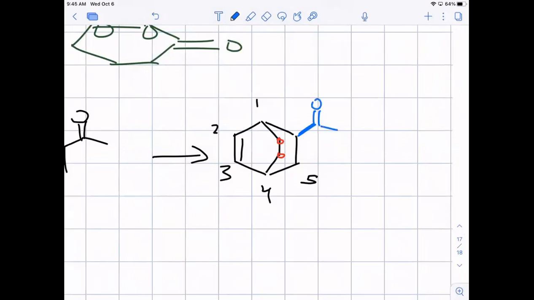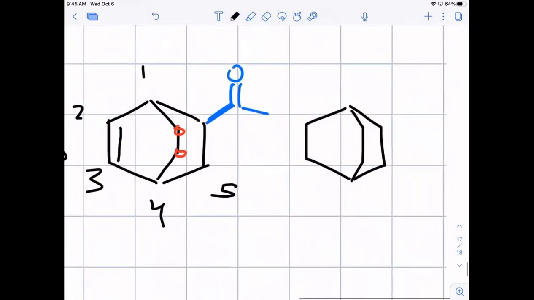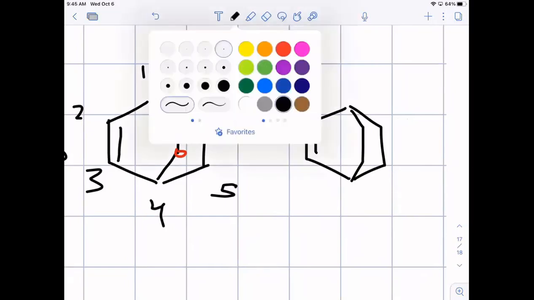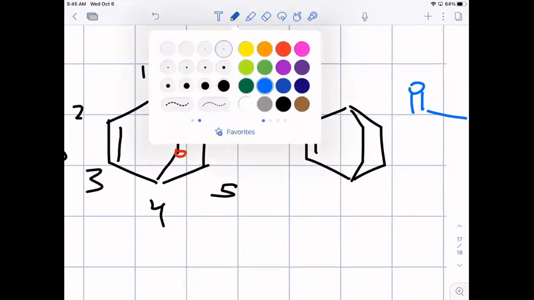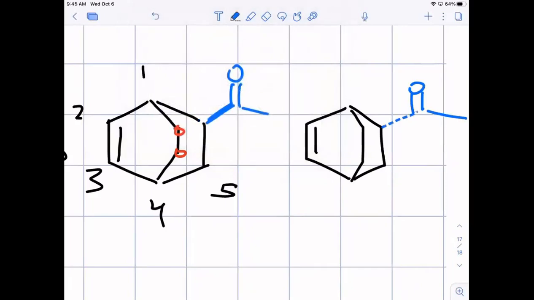And then the other product will be that same ring system, but the carbonyl would be here. Right, so that's going back into the page.